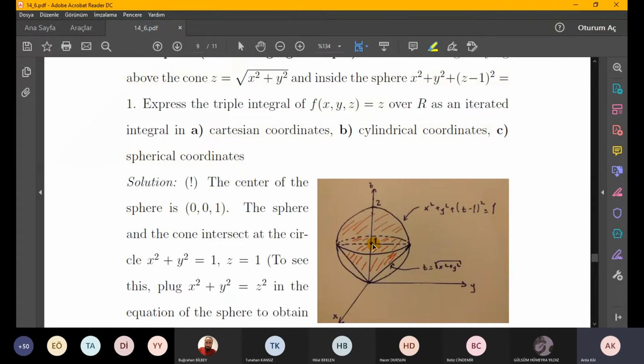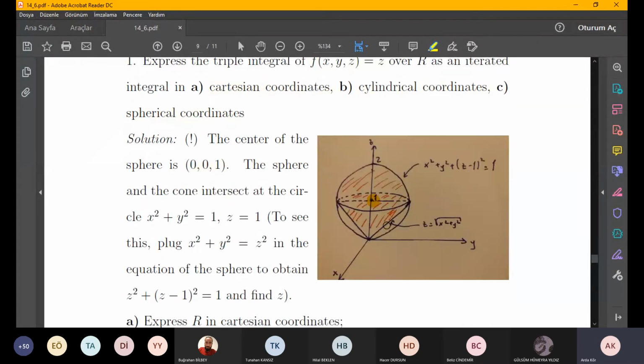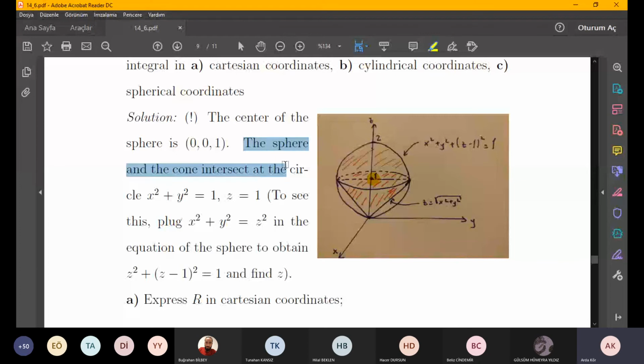For the second step, we try to find the intersection of the sphere and the cone. This can be found just by plugging x squared plus y squared equals z squared into the equation of the sphere.